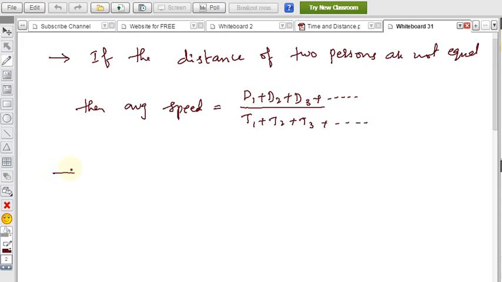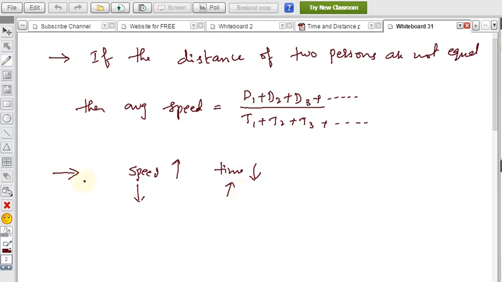Now, speed and time are inversely proportional, because if you go at high speed, you will reach in less time. If the speed is increased, then time will decrease, and if the speed is decreased, then automatically time will increase, because if you go at less speed, it will take more time to reach the destination.